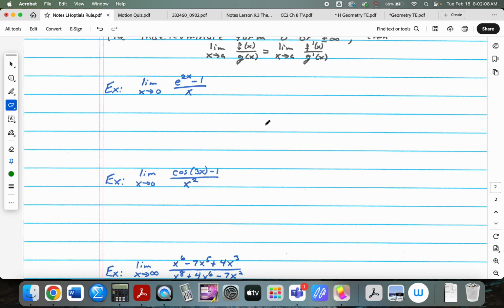For these, the first thing that you want to do is establish that the numerator and the denominator, independently of one another, go to either 0 or infinity. So I'm going to do that over here. The limit as x approaches 0 of e to the 2x minus 1: as x approaches 0, 2x will be 0, e to the 0 power is 1, so that's 1 minus 1 is 0.